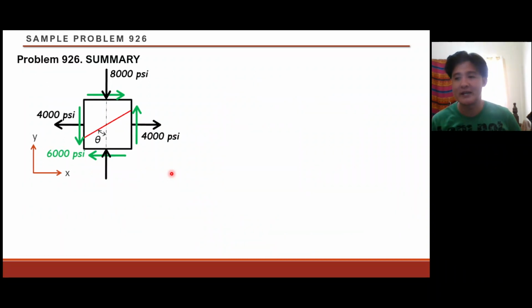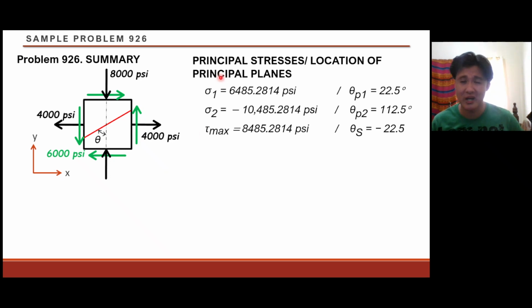Okay? So, summarizing yung mga nakuha nating values, so yung mga principal stresses natin, tapos yung corresponding location natin. So, for our major principal stress, yung nakuha nating value ay 6,485.2814 PSI. Tapos yung location niya ay 22.5 degrees from the vertical axis of the stress element. Tapos for our minor principal stresses, stress 2 is equal to negative 10,485.2814 PSI.